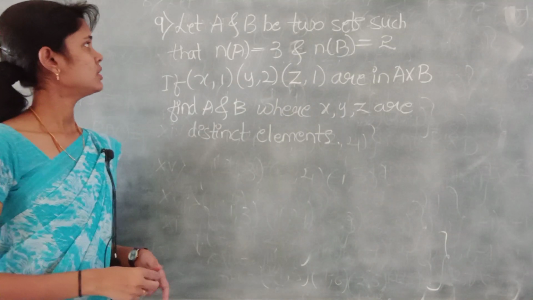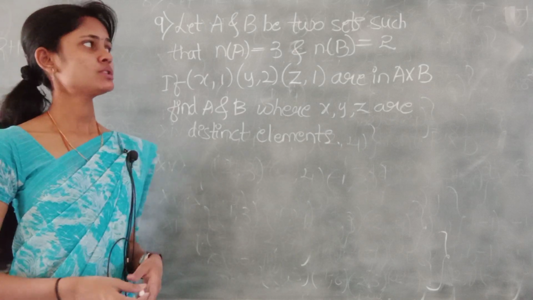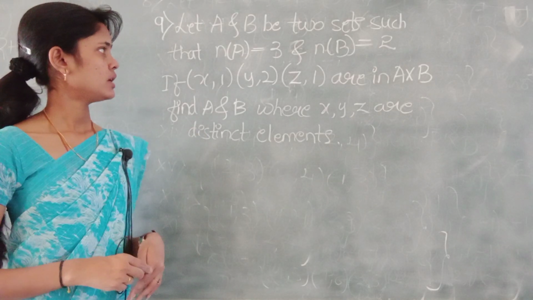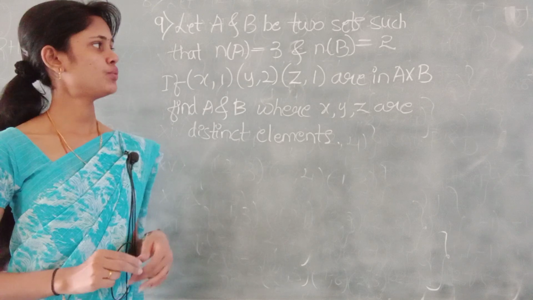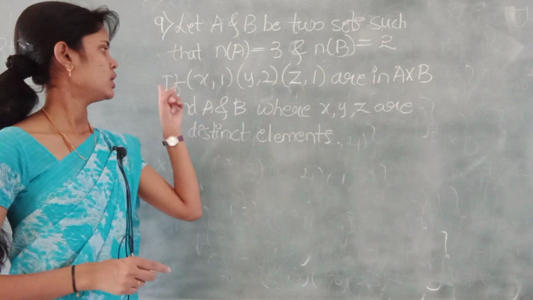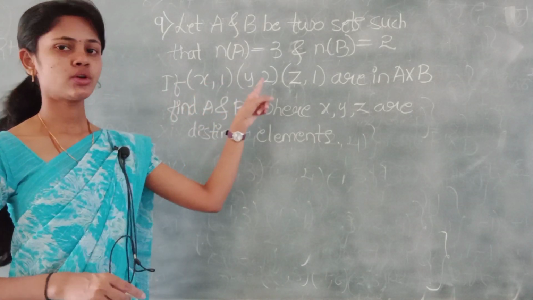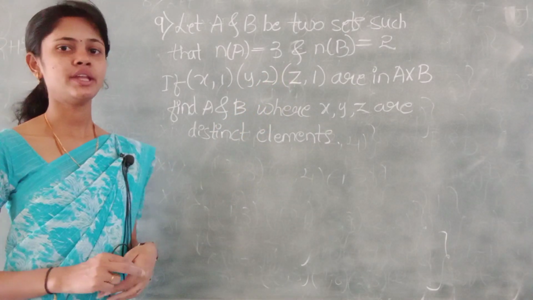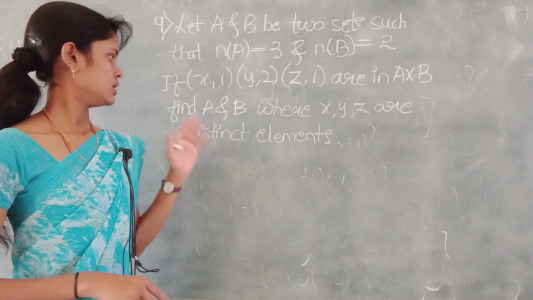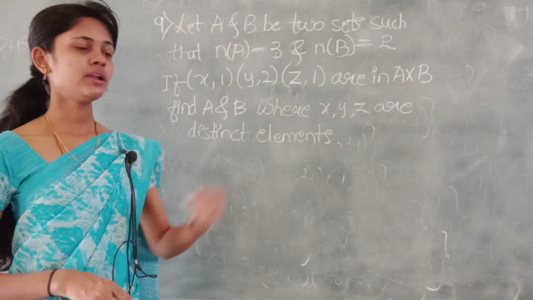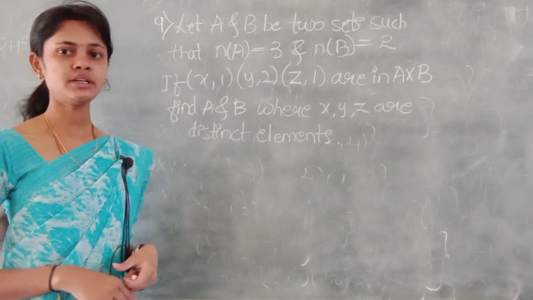Next example. Let A and B be 2 sets such that n(A) is equal to 3 and n(B) is equal to 2. If (x,1), (y,2), (z,1) are in A cross B, find A and B where x, y, z are distinct elements.